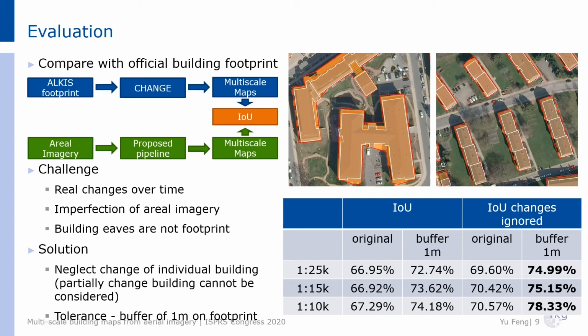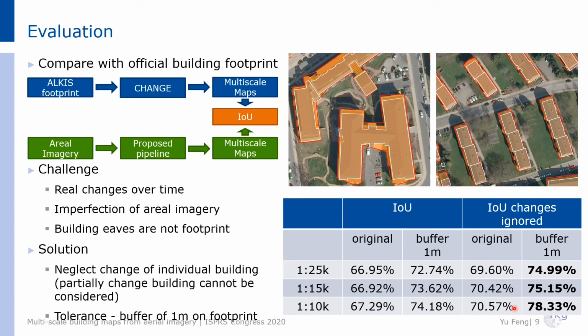Secondly, in order to consider the imperfection of aerial imageries and also the building eaves, we have given some tolerance in this evaluation, comparing with the footprint data with a buffer of 1 meter. Compared with the original evaluation, we can see around 2 to 3% of value gain.